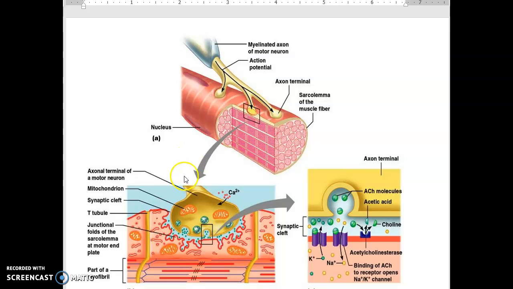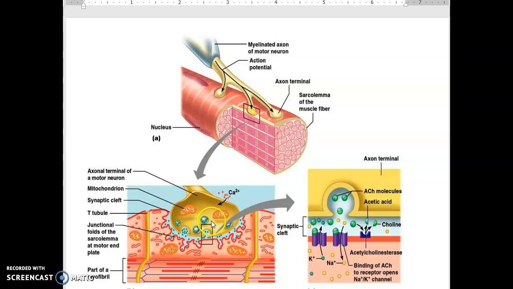What happens is that charge, when it gets down to the very tip here, what we call the axon terminal, that will cause calcium to enter this terminal. So the change in charge, right, the positive sodium's rushing in, that change in charge causes calcium to come in, and then this axon terminal releases a neurotransmitter called ACH.